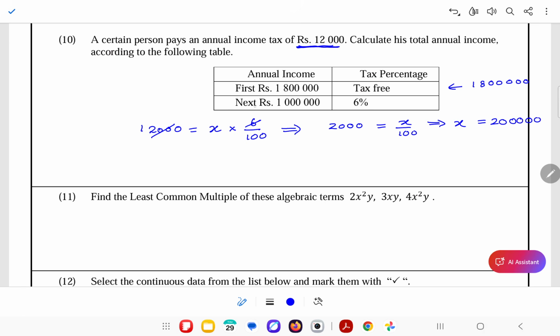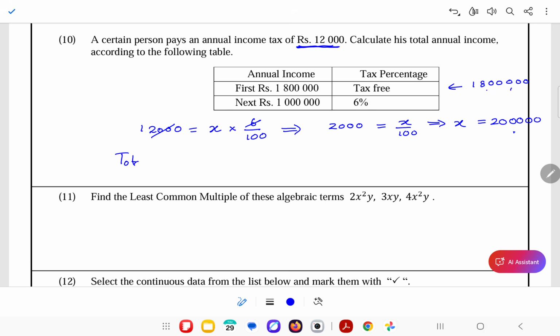So he is earning 200,000 more than 1.8 million. For that he has to pay 6% tax. That is what this 12,000 is. So the total income is what? This 1.8 plus this 200,000.